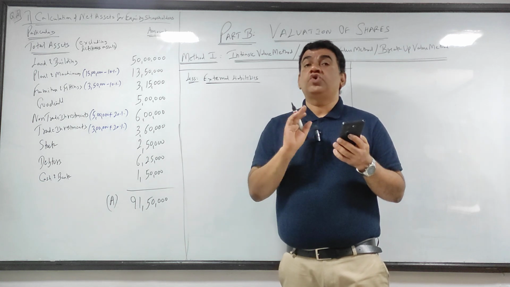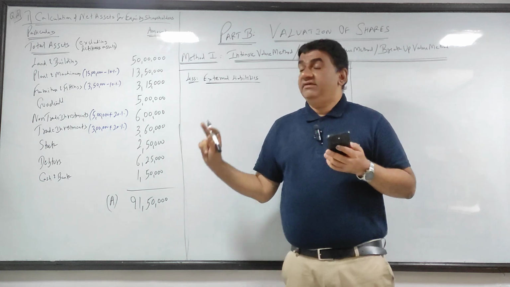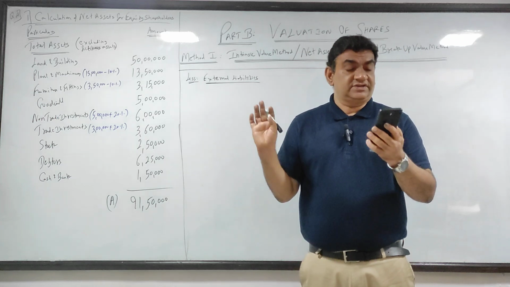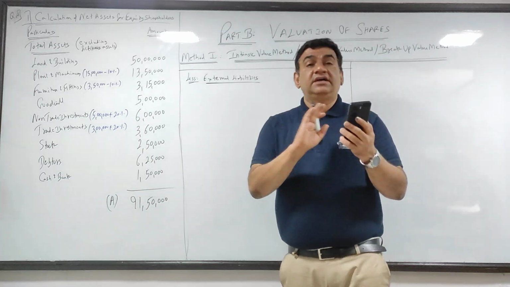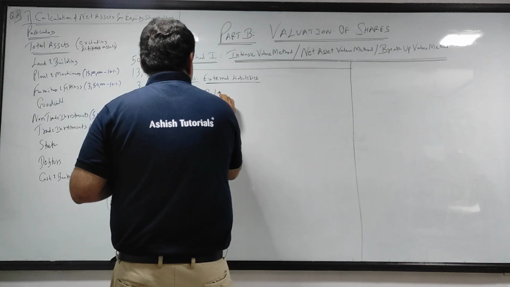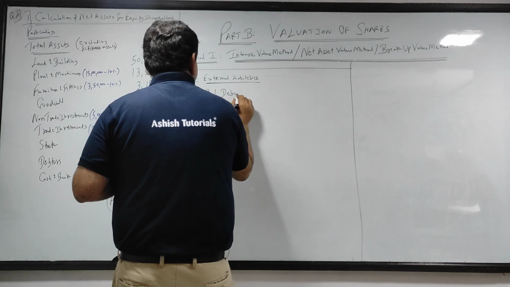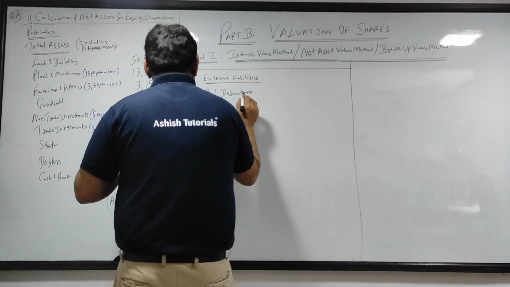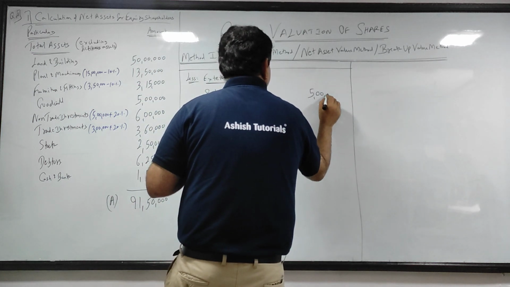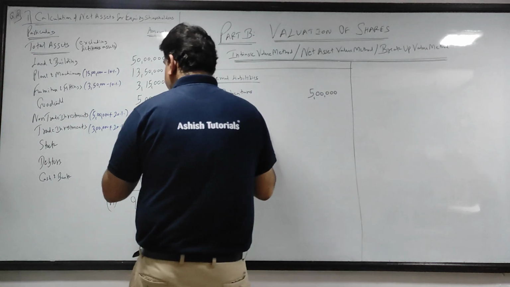Creditors, bills payable. So only last three will come. External liabilities will not include share capital and reserve. Revised value नहीं दिया है, so I take the same value. Let's take 8% debentures. That is 5 lakhs.